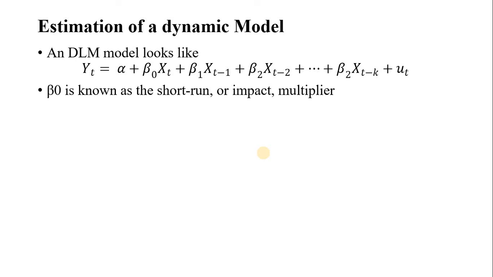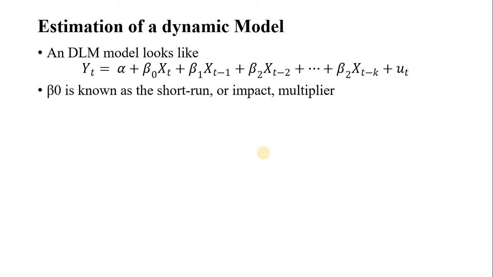What this model says is that Xt influences Yt, and Xt's past values will also influence Yt, and not only for a particular day, it is affecting many days. If it is daily data, then many days of past values are affecting Y.